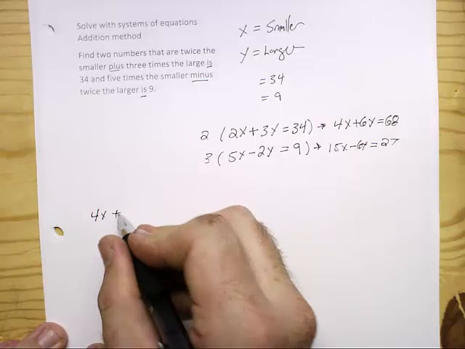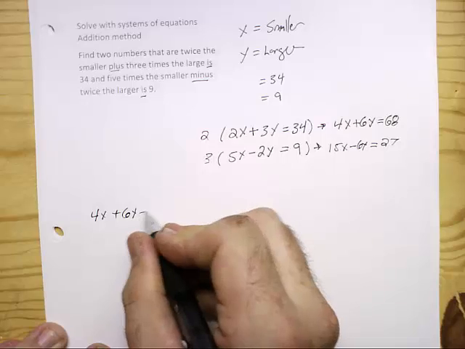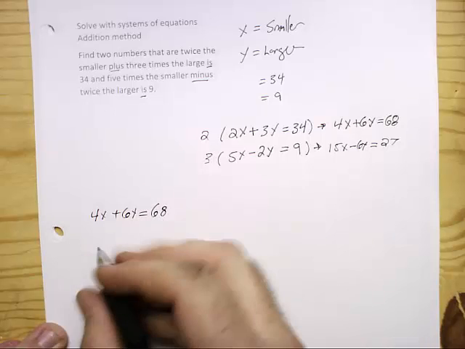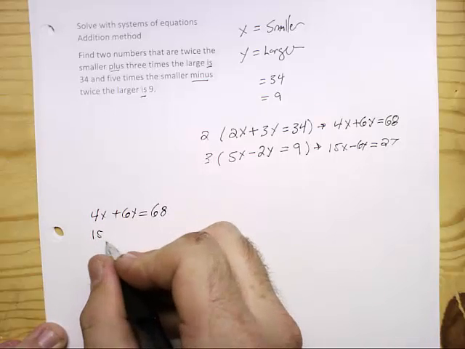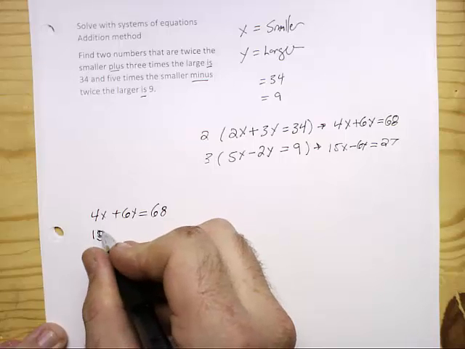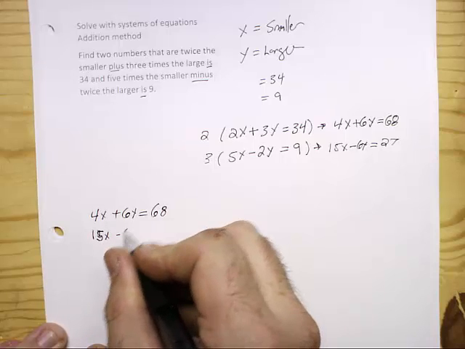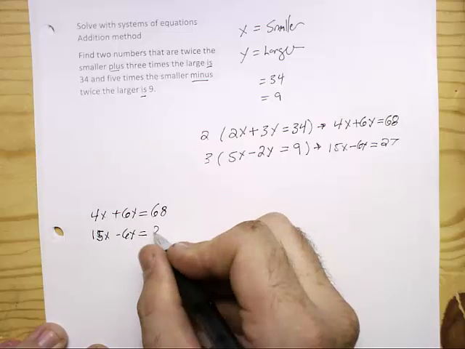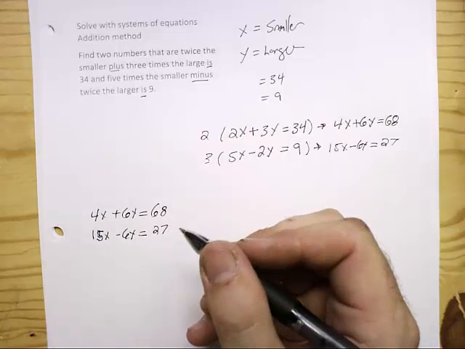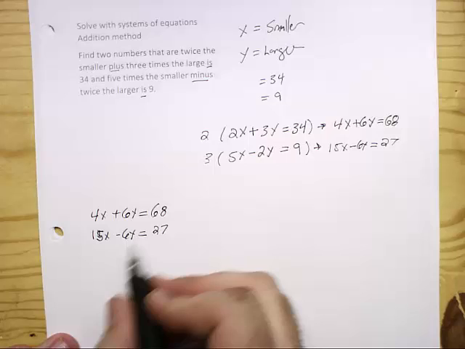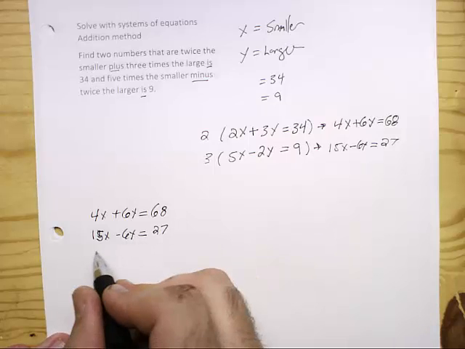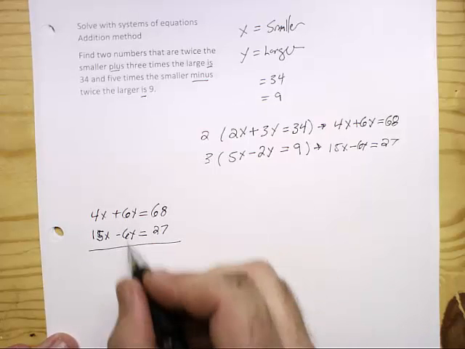4x plus 6y equals 68. 15x minus 6y equals 27. Okay, we have that written out, and at this point we can do some addition. We add these up, and the y terms cancel out.